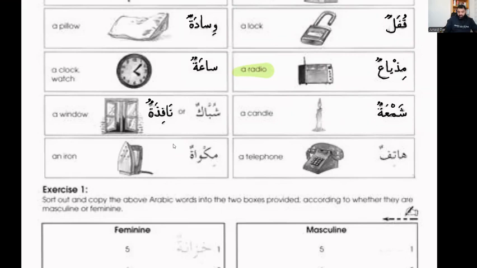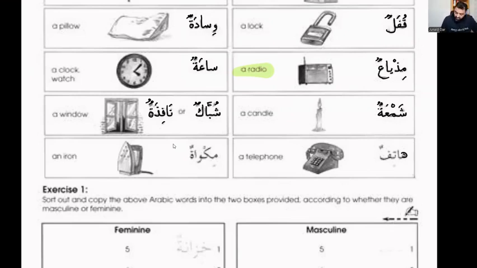Good. Feminine. Nafizatun is feminine, and you can add to your vocab that there's another word for window, which is shubbakun. But shubbakun is not feminine. Exactly. So there are two ways to say window: one is a feminine way, one is a masculine way.